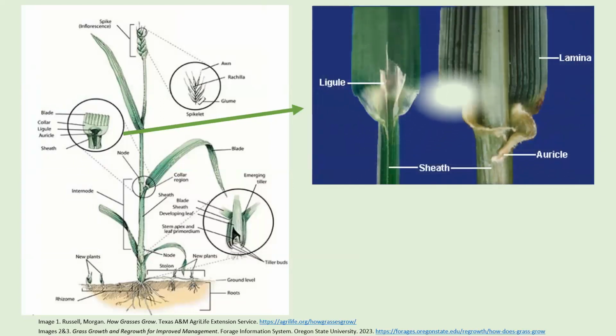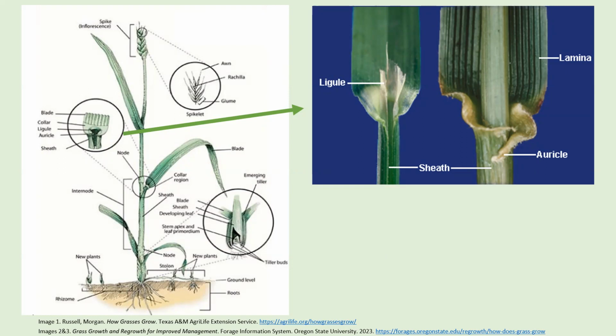Here in this part of the grass, we're going to pay a lot of attention to this ligule and auricle. These two are my go-to plant parts when I'm identifying a grass. These are the first things I look at, especially since a lot of times we don't have a seed head or an inflorescence to look at when we're identifying grasses. These parts of the plant you'll always have to look at, so it's a good thing to get used to looking for those parts.